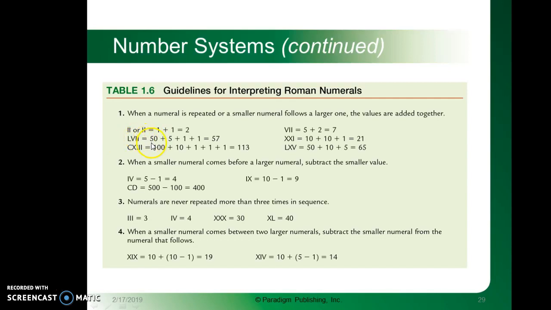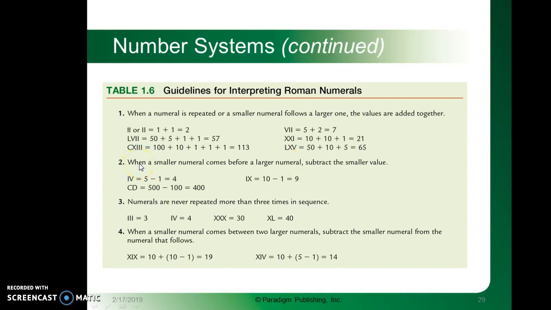L is 50, V is 5, II is 1 plus 1, so 50 plus 5 plus 1 plus 1 is equal to 57. C represents 100, X 10, and then you have 3 I's, so 100 plus 10 plus 1 plus 1 plus 1 equals 113, and so forth.